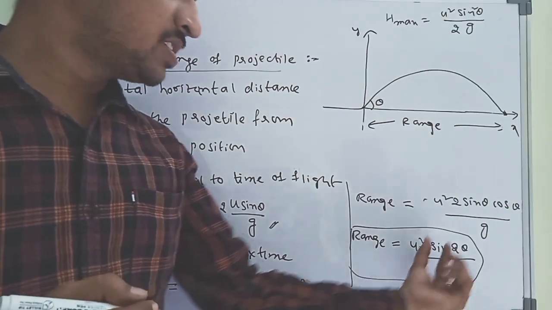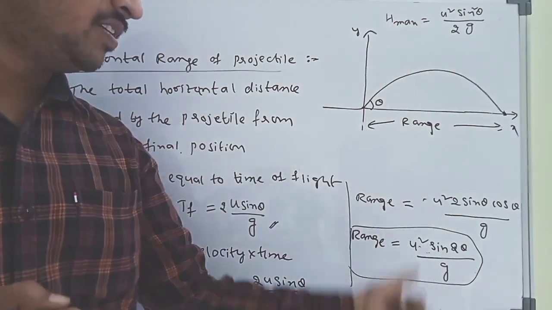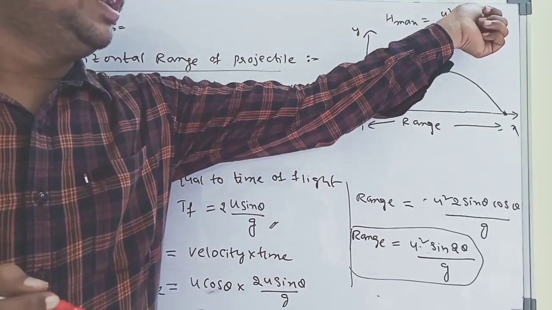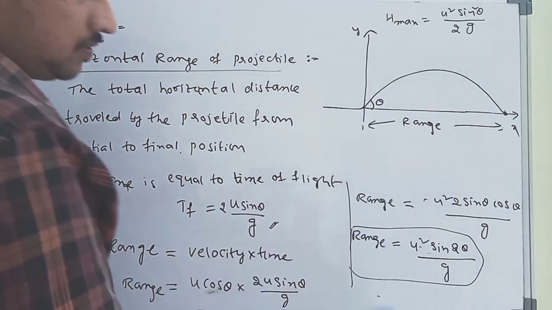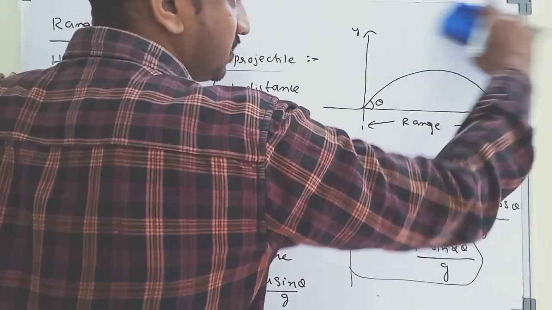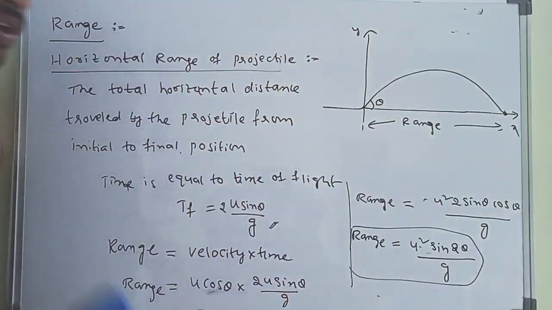Range is equal to u square sin 2 theta by g. This is the difference. See the difference. This is also important.